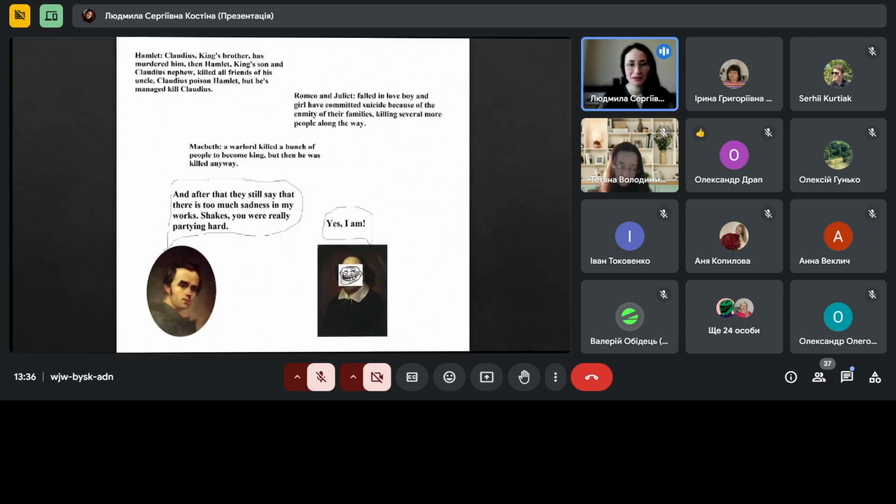Some other meme. It's quite interesting and meaningful. Here, the author represented three of Shakespeare's works: Hamlet, Romeo and Juliet, and Macbeth. And we know that in each of them, there is a lot of murder, killing, and even suicide. Everyone dies.